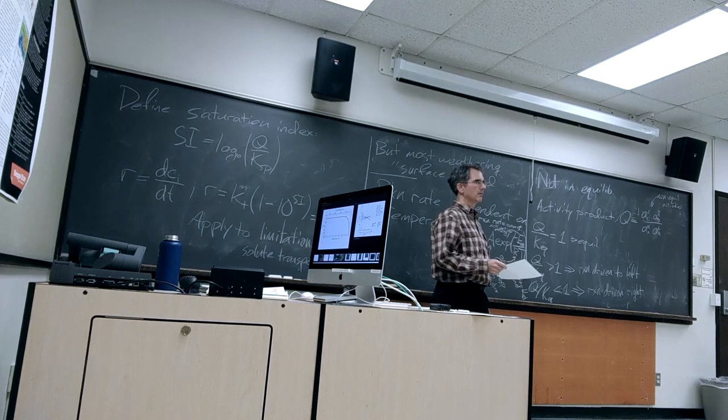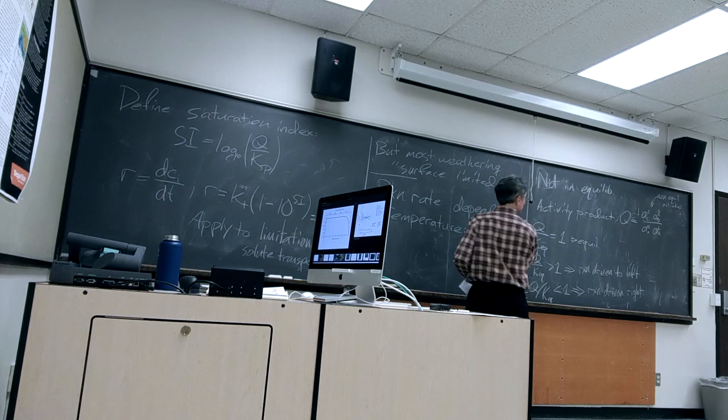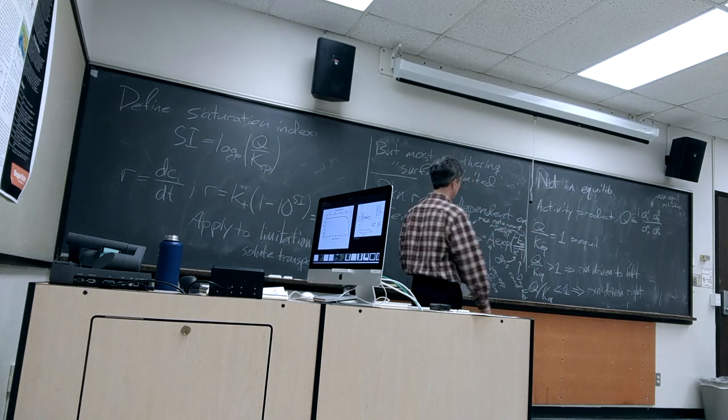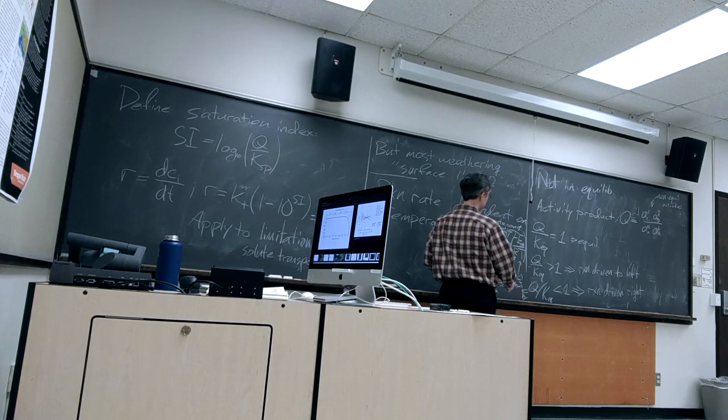So is EXP a value, or is that just saying that it? No, exponential. EXP is a mathematical function. Exponential. I could write e to the power of. E to the power of negative EA over RT? Exactly, yeah.